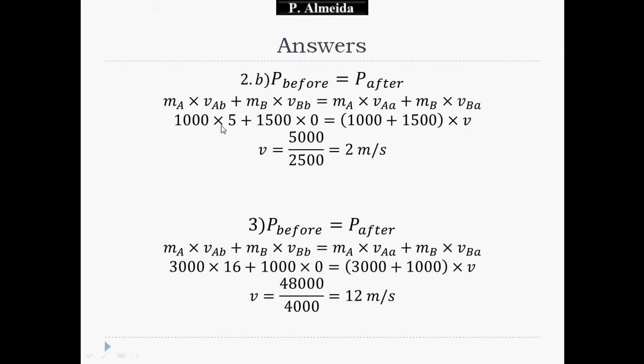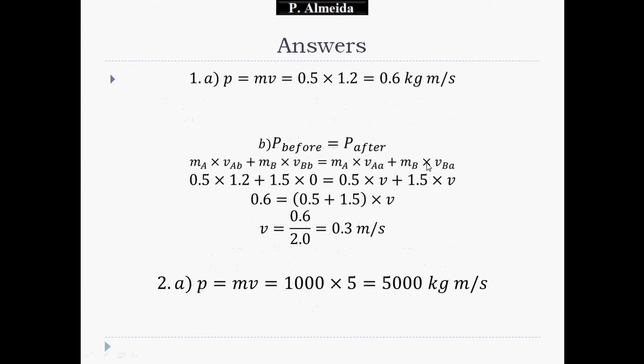This side gives me 5,000. So velocity equals 5,000 over 2,500. That gives me 2 meters per second. I just followed the same steps as before, but I omitted this part. The rest is all the same.